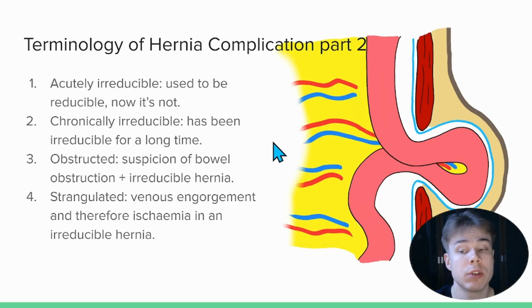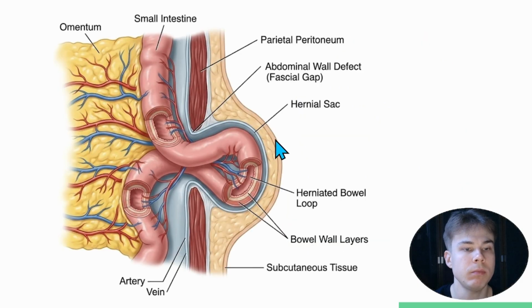So strangulation is one of those complications of hernia that we really look for and need to have a low index of suspicion for.